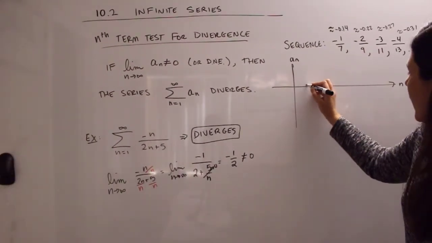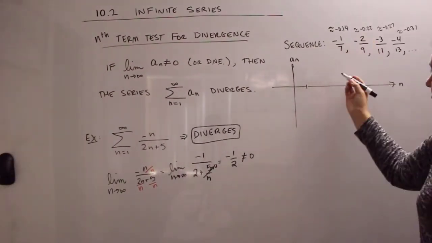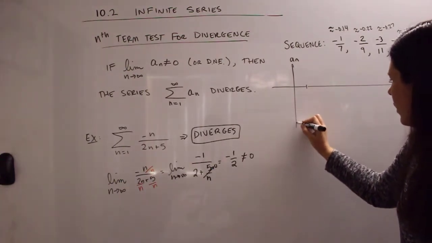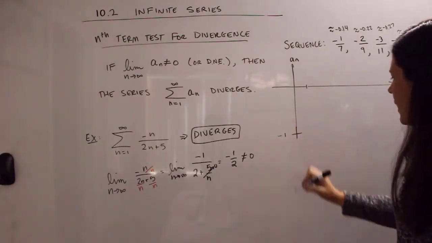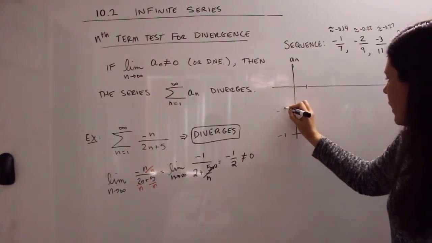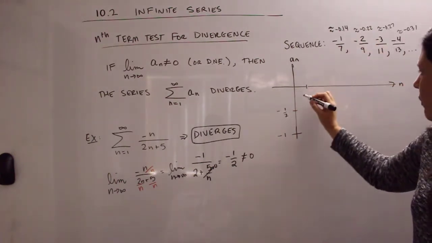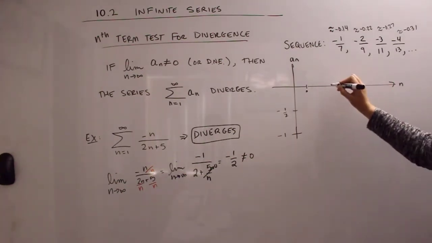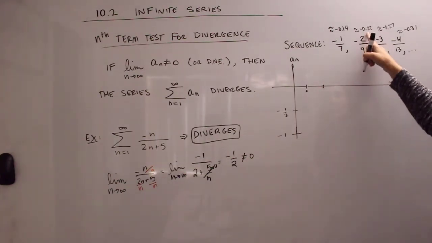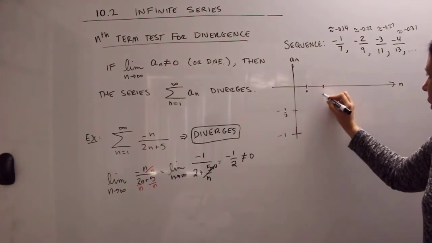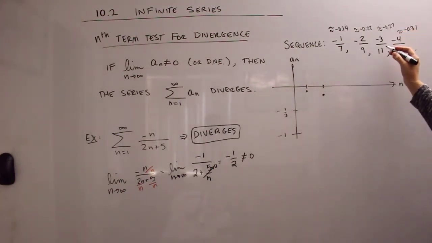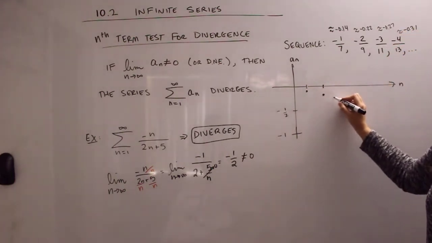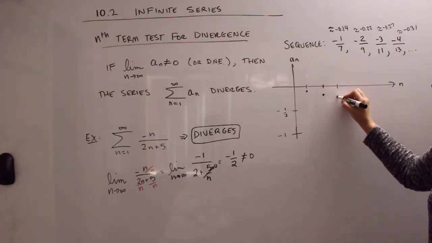When n is 1, my output is about -0.14. I'm going to reference -1 down here, and here's -1/2. So -0.14 is pretty small, it's like right there. A little further, when n was 2, I got -0.22, so that's a little bit lower. When n is 3, we got -0.27, so maybe right there.